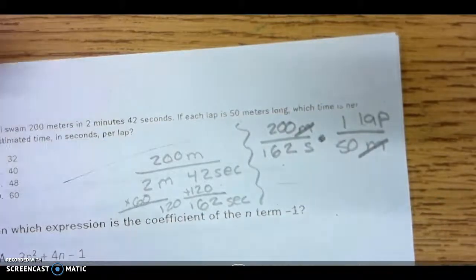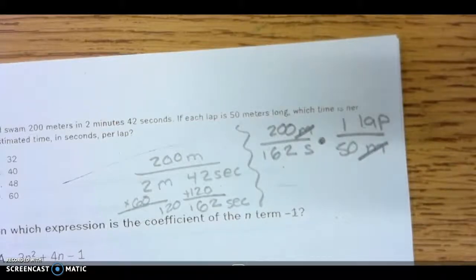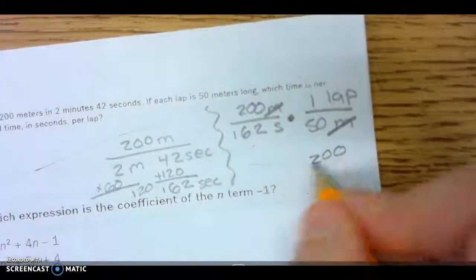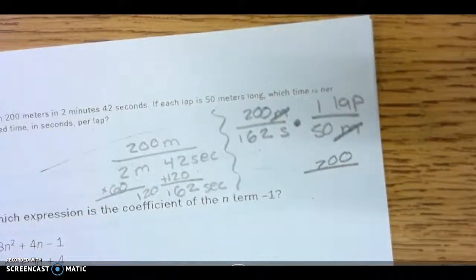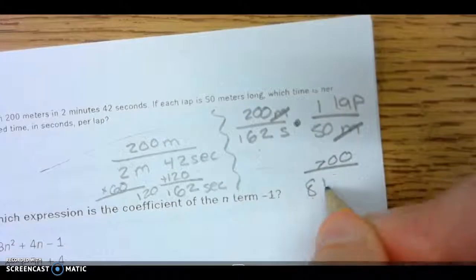So, go ahead and do that. We've got 200 times 1. It's going to be 200 over 162 times 50 is 810.